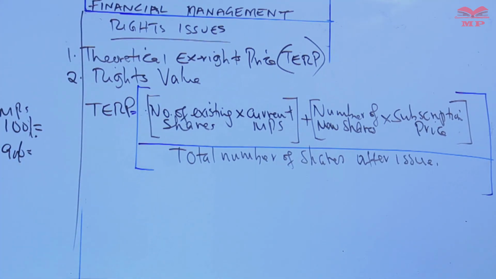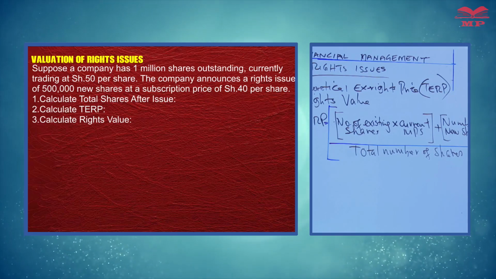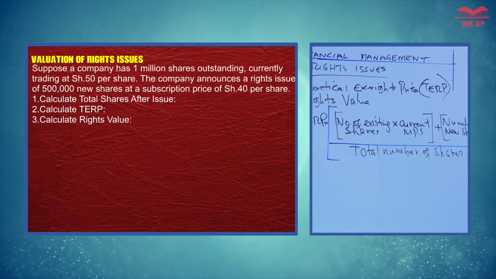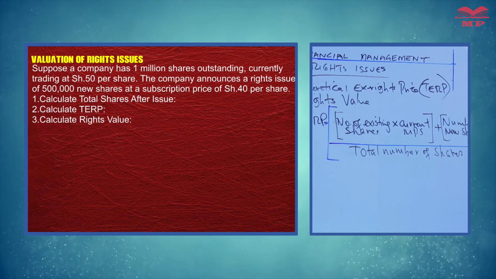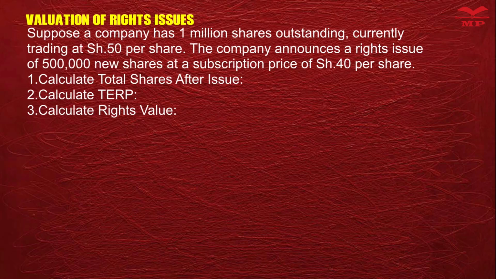Have you understood? Suppose a company has 1 million shares outstanding, currently trading at 50 shillings per share. The company announces a rights issue of 500,000 new shares at a subscription price of 40 shillings per share.